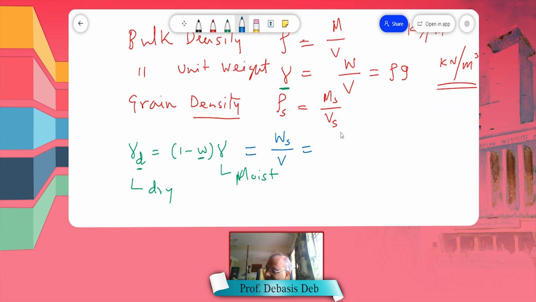I'm writing it. WS by, see from this definition, from here, we can replace V by W by gamma, right? You can replace that. So this becomes gamma into WS by W, right?